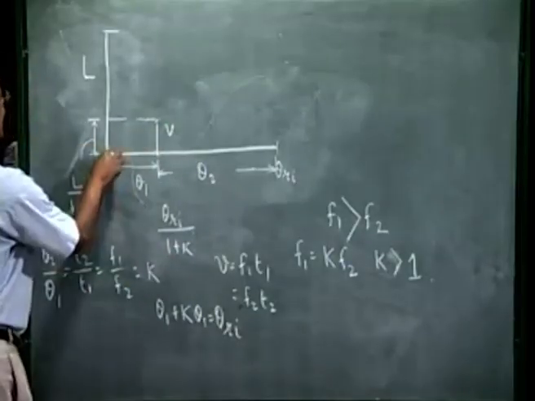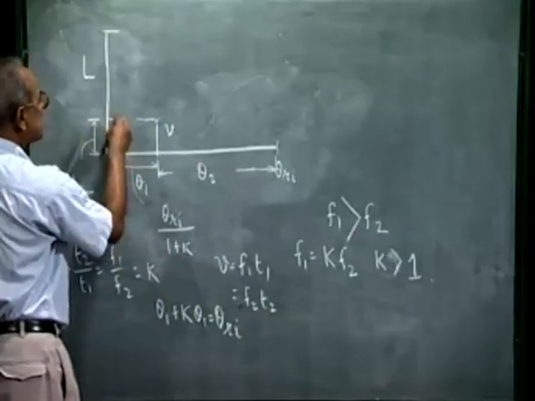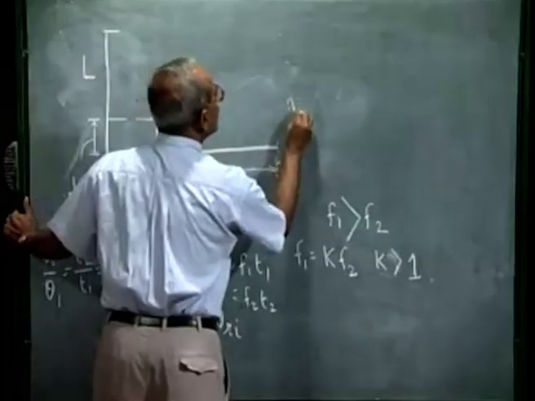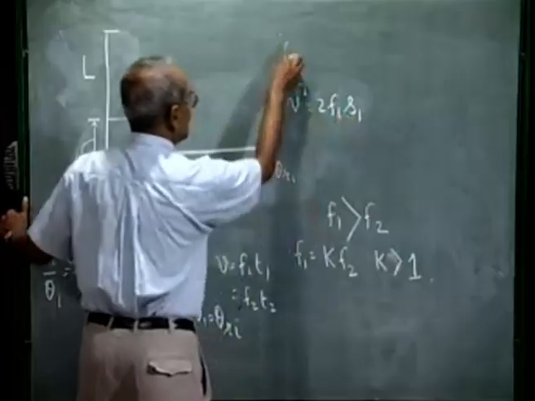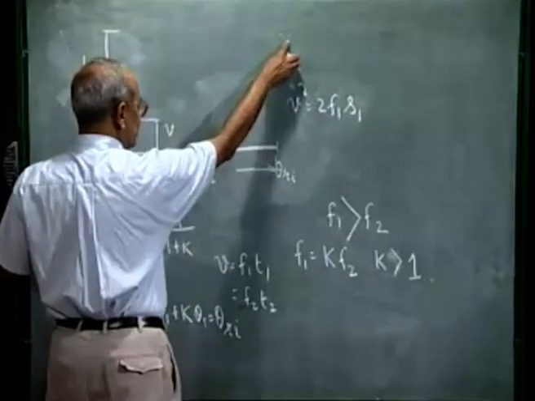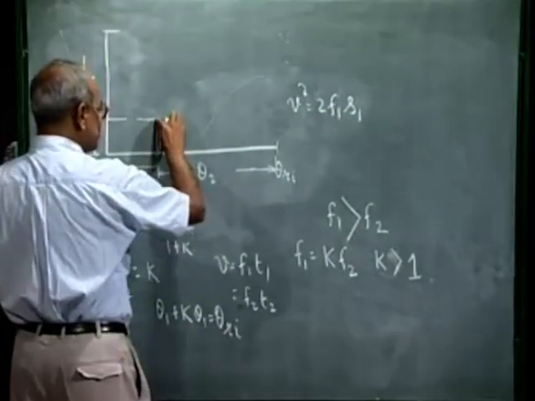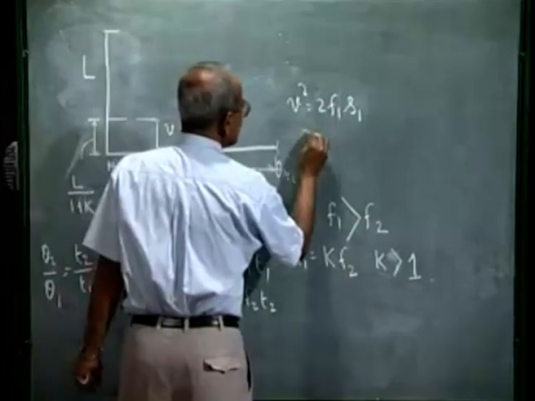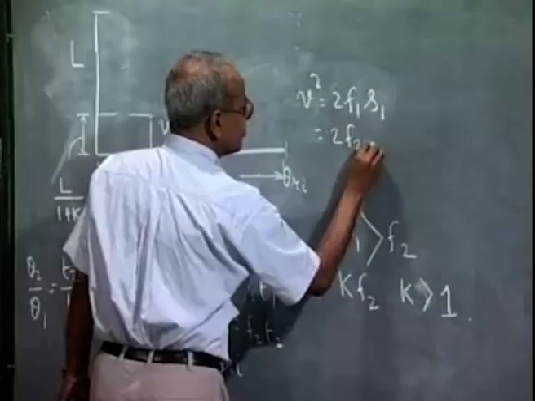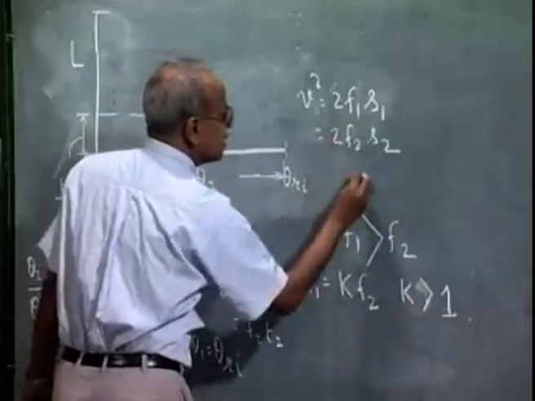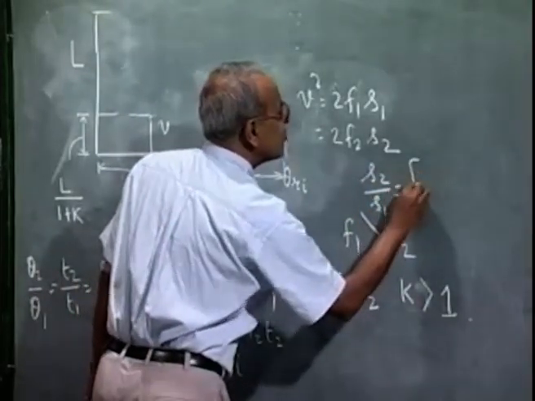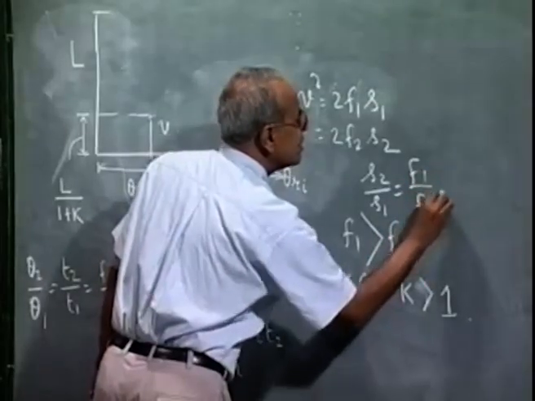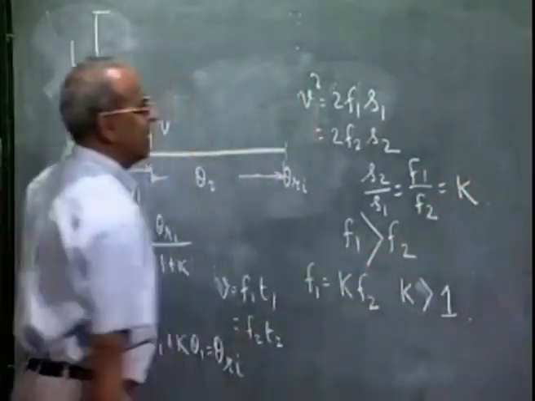Similarly here, the distance covered, if I call it S1, then v square you know is 2 f1 s1. Similarly from the other end, starting from 0 velocity, it is covering a distance s2 and reaching the velocity v. So this is twice f2 s2. So same way I can get s2 by s1 also equal to f1 by f2, which is k.